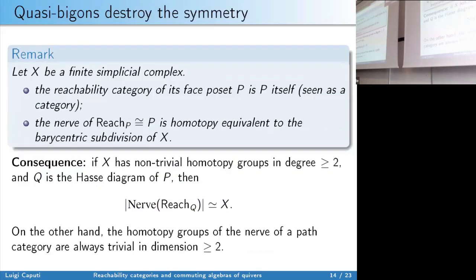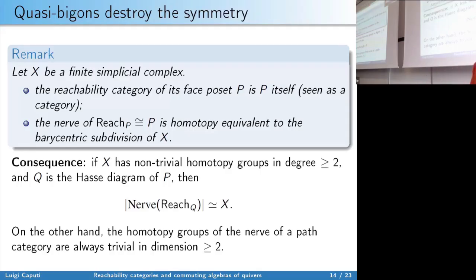What happens with quasi-bigons? It happens that we have basically any homotopy type. So if the path category is intrinsically one-dimensional, the reachability categories can be of any possible dimension. The way you can see it is by first observing that if you start with a poset, then the reachability category associated to the poset is the poset itself. But then you can take as a poset the face poset of a simplicial complex.